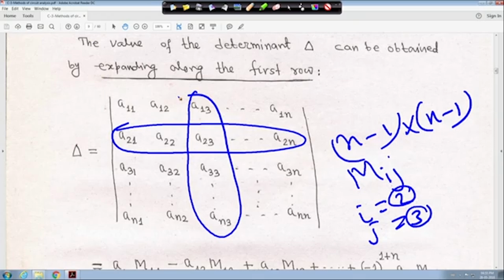Accordingly it will be an n minus 1 into n minus 1 matrix. This row and column you have to eliminate, and the rest is the minor of order n minus 1 into n minus 1, because one row and one column is completely eliminated, right.